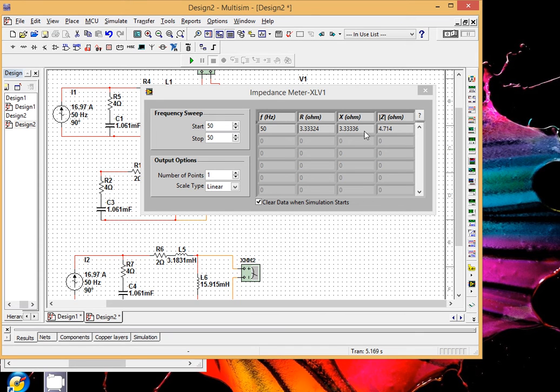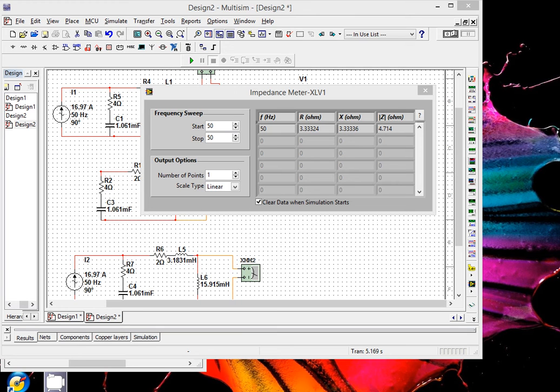So you need to determine what is your value of L by using 2 pi f. No, it should be XL over 2 pi f. So 3.33 divided by 2 pi 50. So you will get 10.61 millihenry.